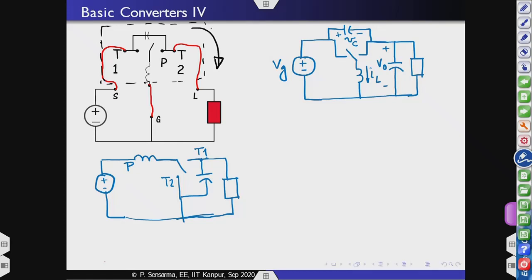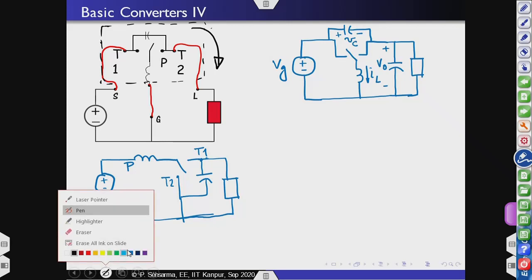And you can convince yourself that if, instead of turning it clockwise, you turn it anti-clockwise and start forming the other circuit, it would look exactly like the buck configuration. Here it exactly looks like the boost.